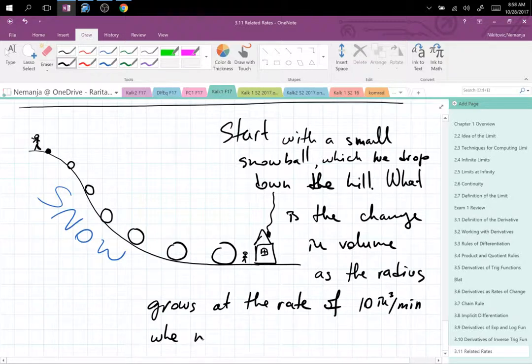When the radius, can't spell this morning, is, let's say, 20 inches. It's a large snowball. Well, it went down the hill.